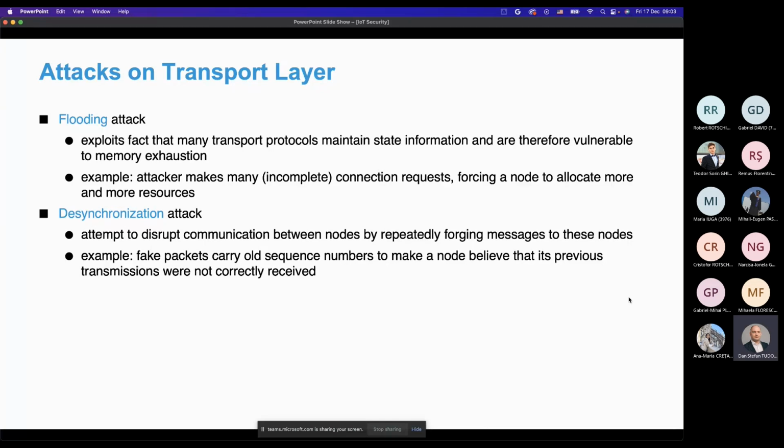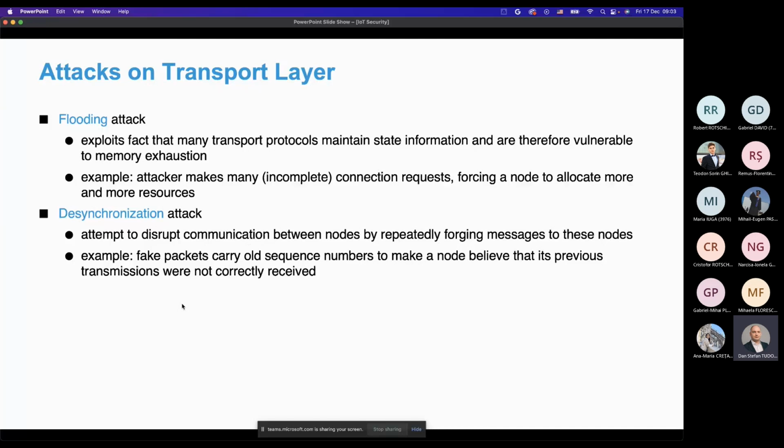In desynchronization attacks, the second scheme here, you have an adversary which attempts to disrupt the communication between two legitimate nodes by repeatedly forging messages to these nodes. So, for example, transport layer protocols use sequence numbers to keep track of successfully received packets. So you have a packet sequence number attached to every communication packet.